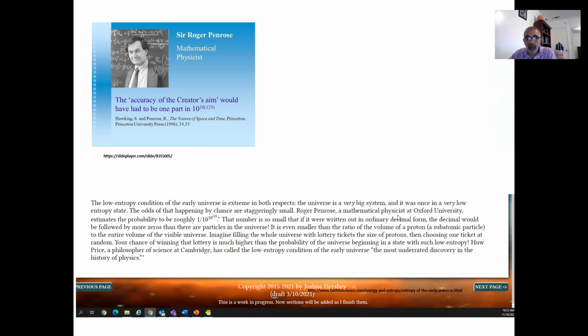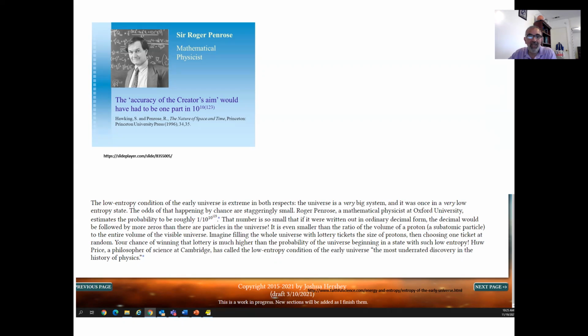Roger Penrose, a mathematical physicist at Oxford University, and again, recent Nobel laureate in physics, estimates the probability to be roughly 1 in 10 to the 10 to the 123. That number is so small that if it were written out in ordinary decimal form, the decimal would be followed by more zeros than there are particles in the universe. Actually, many, many trillions, trillions, trillions more zeros than there are particles in the universe.